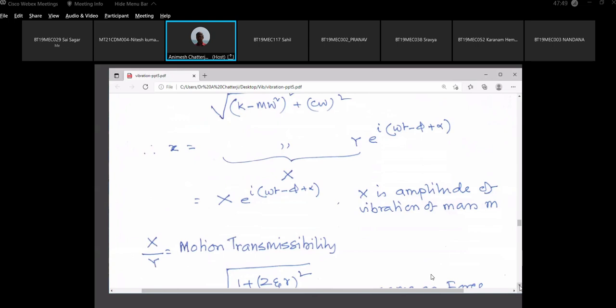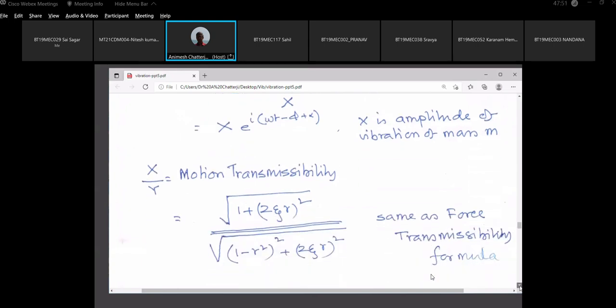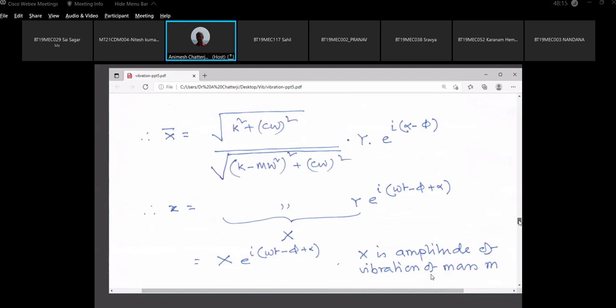So that comes out to be the same formula. So motion transmissibility also finally comes to be, or is found to be, the same as force transmissibility. So the derivation you finish first. I'll go back again. This derivation you finish.